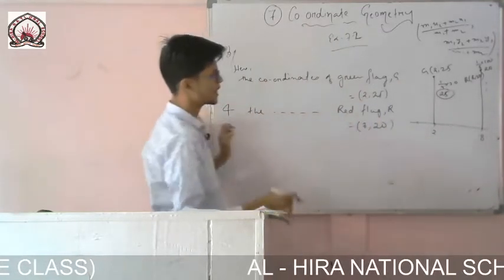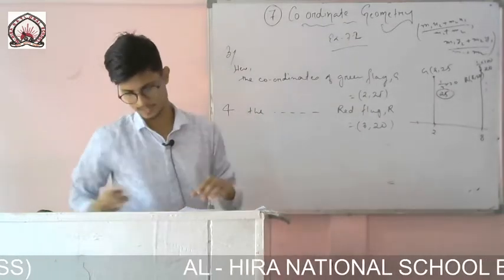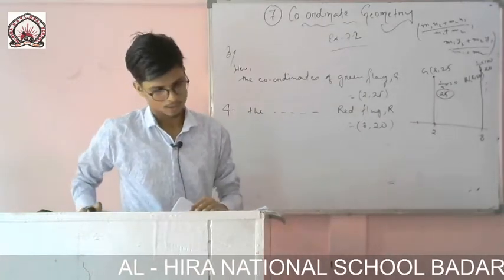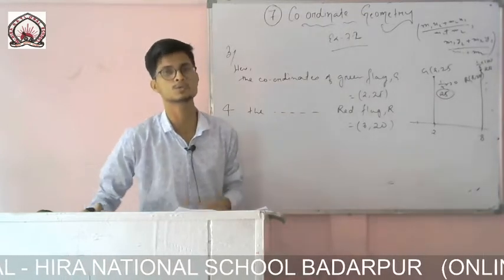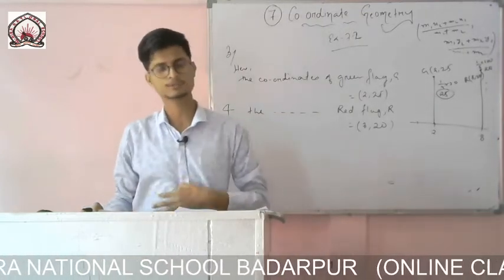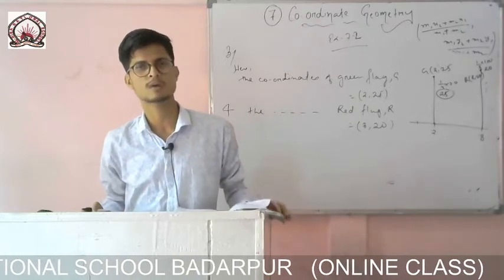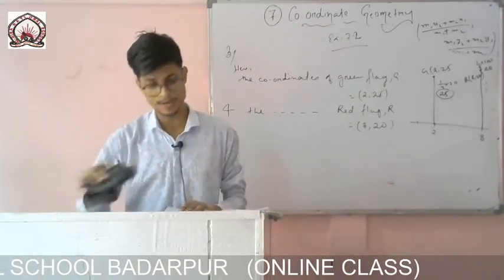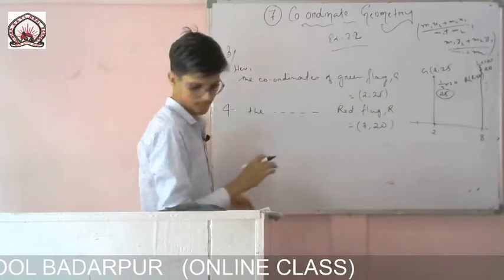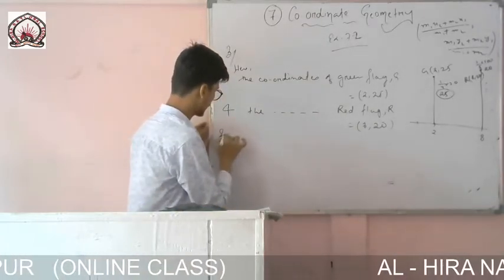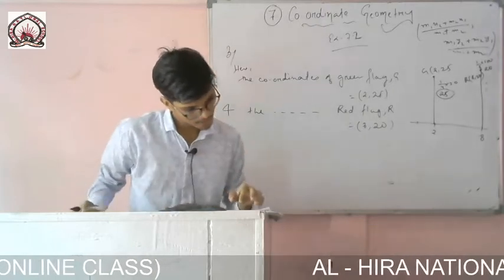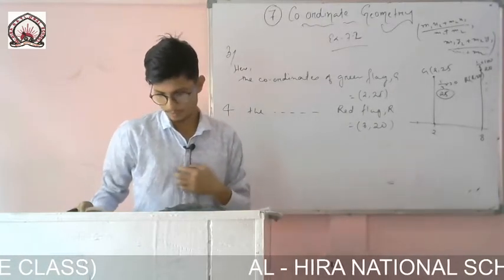These two I have found from the question. Now the question is to find the distance between the two flags. That means you have to use the distance formula, which is root over x2 minus x1 whole thing square plus y2 minus y1 whole thing square. So you have to find the distance. The question asks, what is the distance between both the flags?